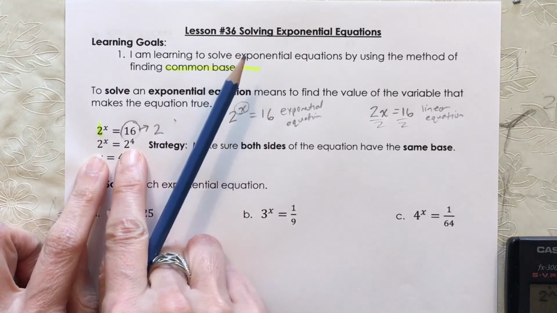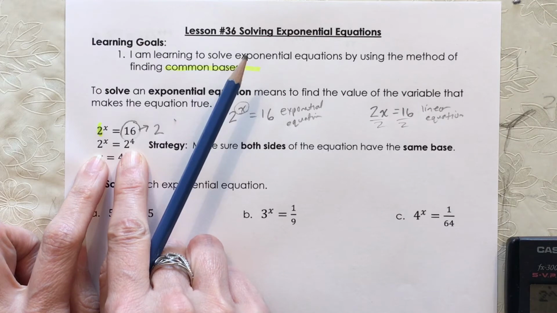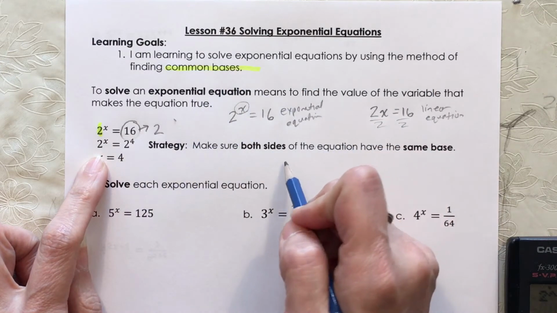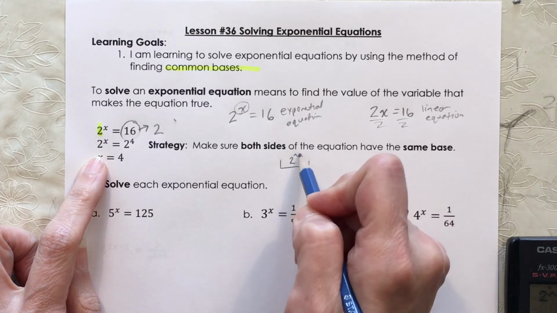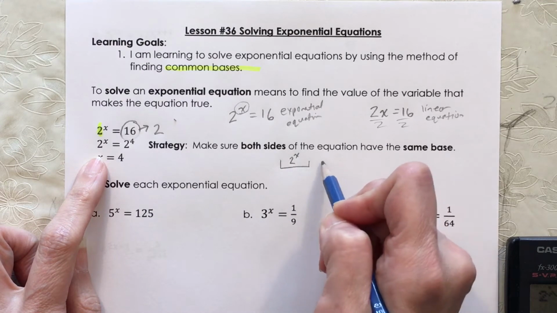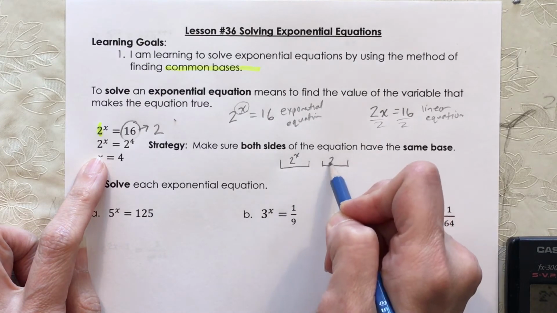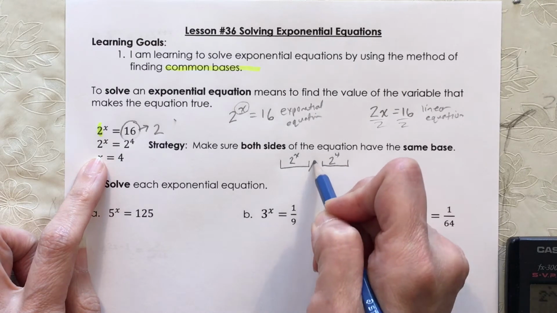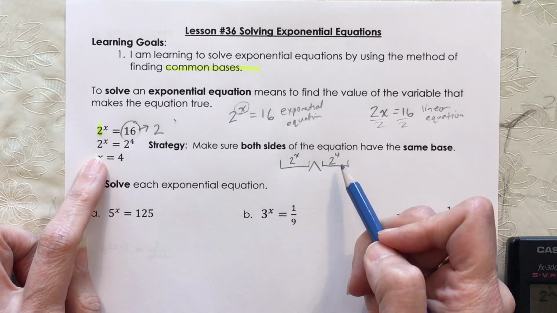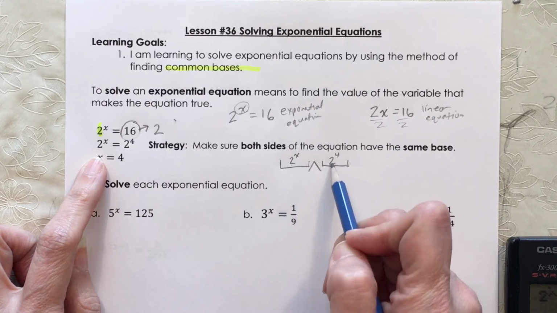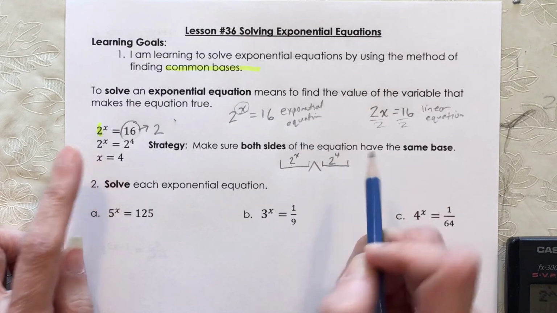So now I've got 2 to the power of x equals 2 to the power of 4. So again, we can have this kind of balanced scale idea here. So on this side of the balance, we've got 2 to the power of x. And on this side of the balance, we've got 2 to the power of 4. And they've got to be equal for the balance, right? So the 2's are the same on both sides. The bases are the same.